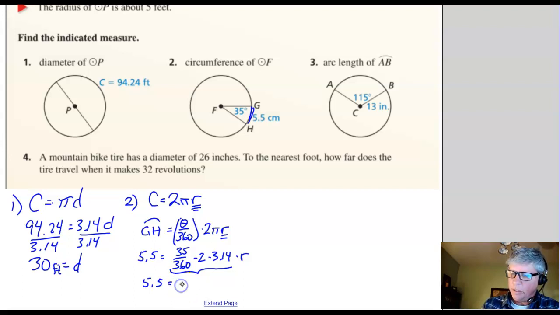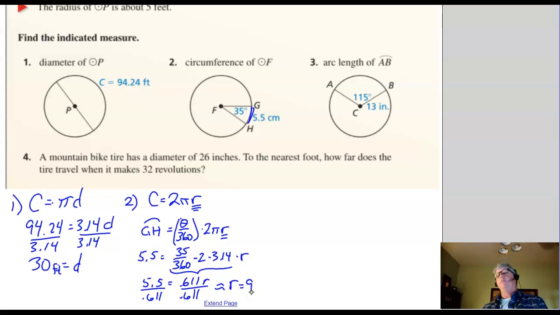Okay, I got about 0.611 r. I'm going to divide both sides by 0.611, and I'm going to get 5.5 divided by 0.611, and I get about 9. So r equals 9.